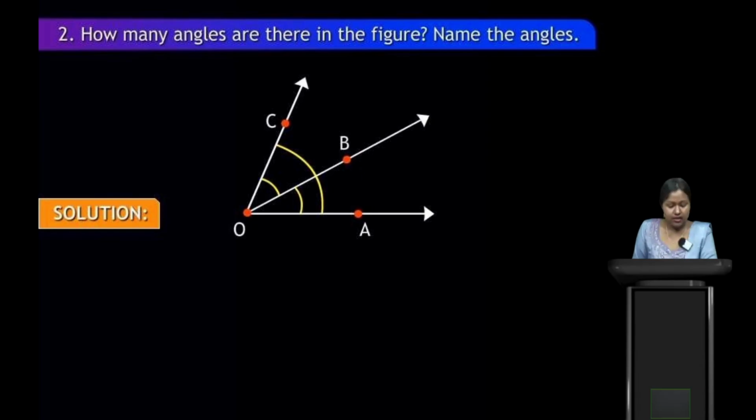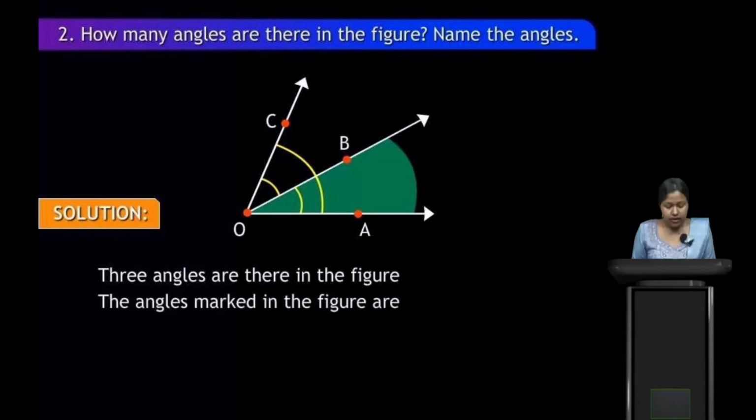This is angle COA because O is the vertex here, or we can say angle AOC. And two more: one is angle COB and another is angle BOA. So how many angles are there? 3 different angles. The angles marked in the figure are angle AOB.